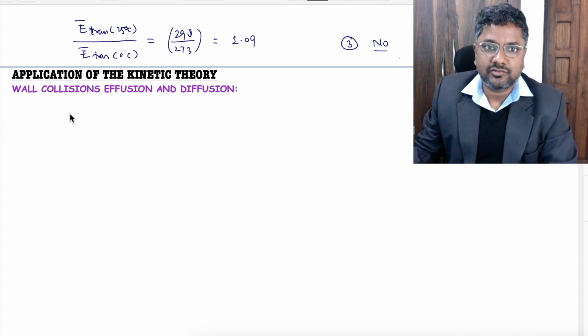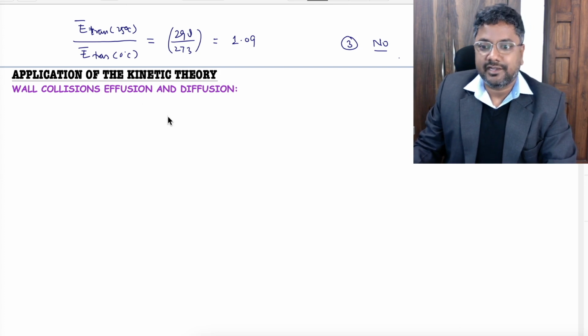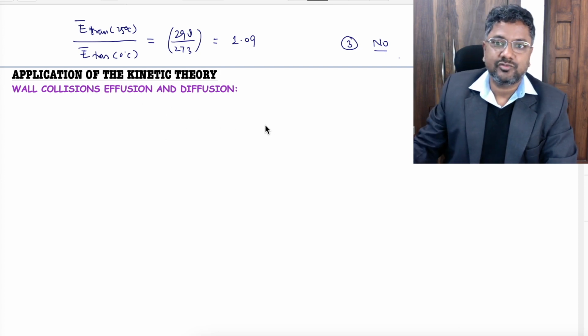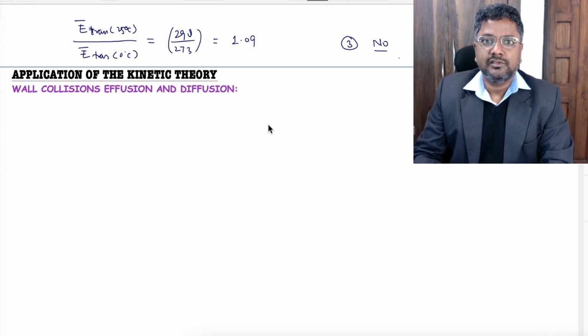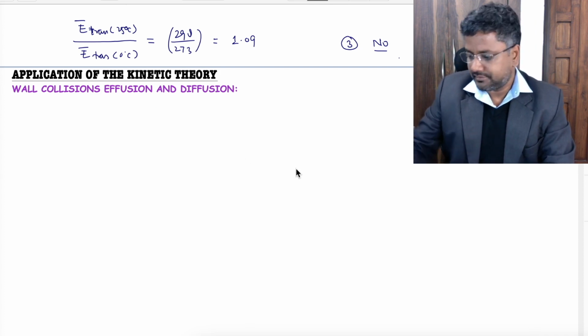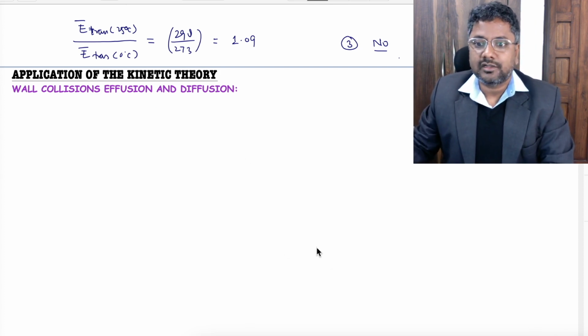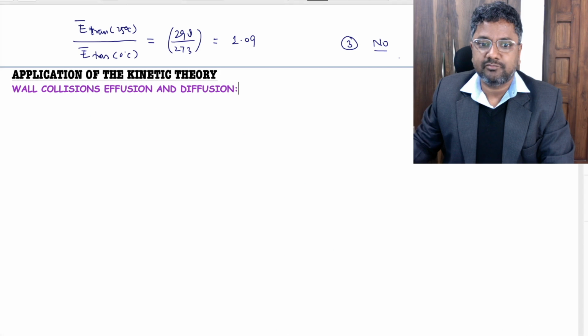In that also this theory has great importance. So we will try to study this concept basically in a very simple manner.